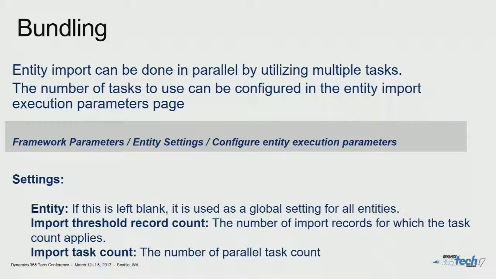Then you can mention your record threshold, which could be 500 records or 100K records. For each 100K records, let's say I want 10 parallel batch tasks. That's where your import task count comes into the picture.